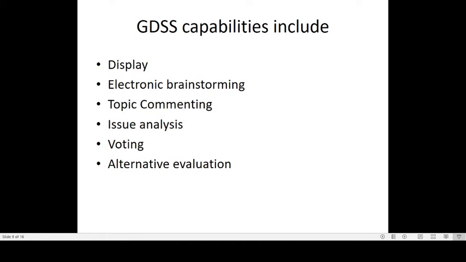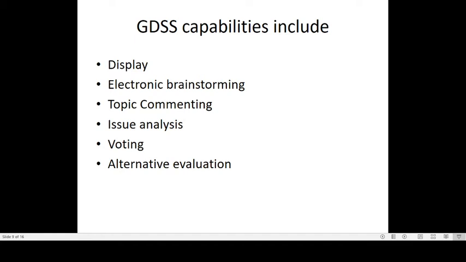Fifth one, voting. Participants use the computer to vote on the topics with a choice of prioritized methods. So there is a voting option wherein participants can give their vote, based on priority methods. Last one, alternative evaluation.